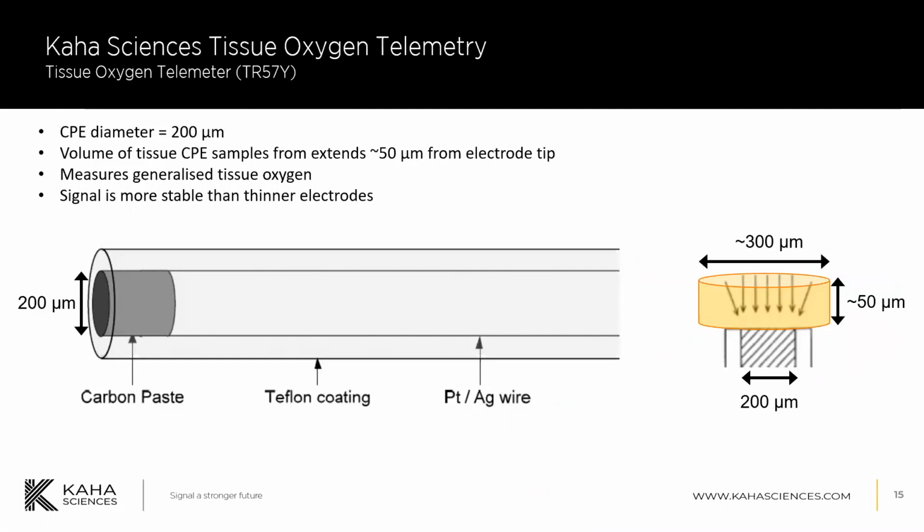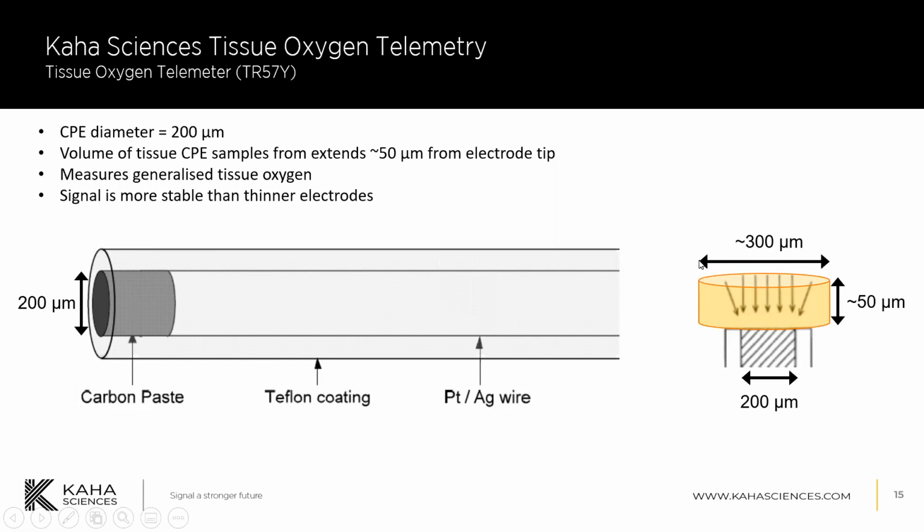The carbon-paste electrodes that we're using are 200 micron in diameter at the actual carbon-paste part. This means that the volume of tissue that the carbon-paste electrode is sampling the oxygen from extends around about 50 micron in all directions from that. So you can think of it as being a volume about 50 micron from the tip in depth and in about a cylinder shape, which is 300 micron in diameter.